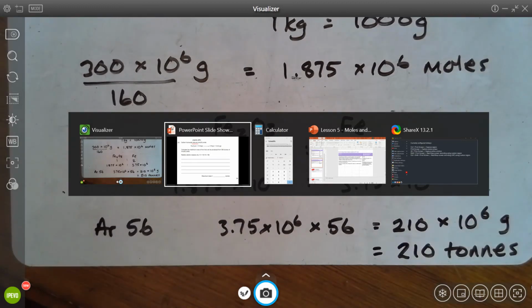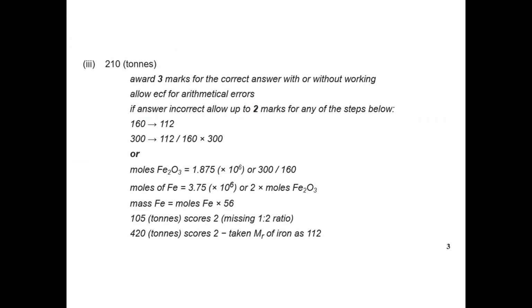I'm just going to show you the mark scheme. It's a little bit complicated. They've used a slightly different version, but they've done something very similar to what we have done. So have a look through that mark scheme. The correct answer ultimately is the one we found. Notice, if you don't show any working, you'll still get 3 marks if you get the right answer.